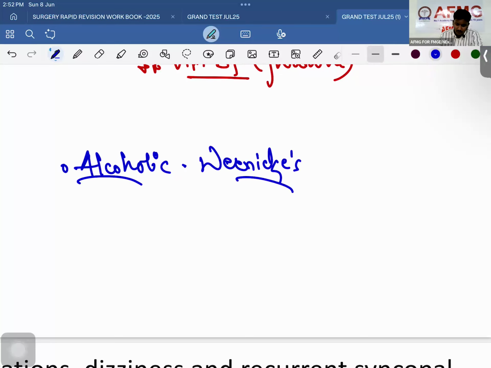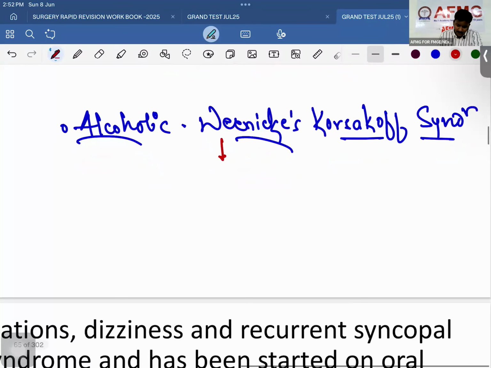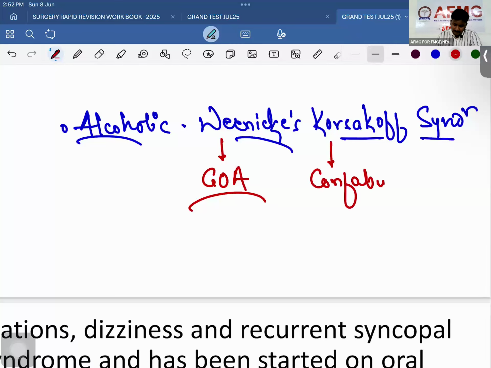Acute deficiency is known to cause Wernicke's encephalopathy, and chronic deficiency is known to cause Korsakoff psychosis. We know that in Wernicke's encephalopathy the patient will have a classical triad known as GOA: global confusion, ophthalmoplegia and ataxia. In Korsakoff psychosis, the patient will definitely have psychotic features like delusion and hallucinations, along with making false stories to fill up the memory gaps, called confabulations, beta. That is what is important.